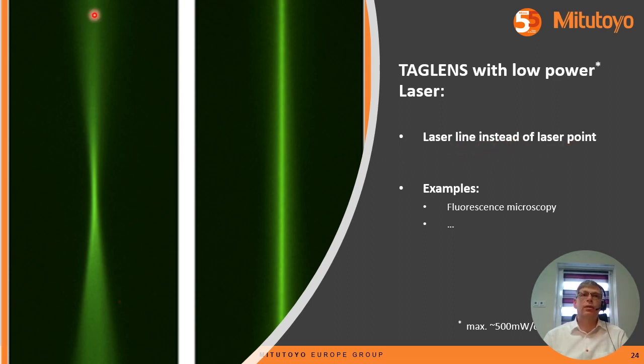Usually, using a laser with optics, it generates a focus point with a high light or energy density. And with the TAG lens, it's possible to shift this point back and forth so that it generates a laser line. A typical example where this is useful is in microscopy using fluorescence.